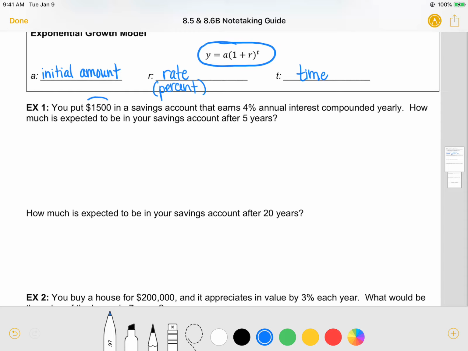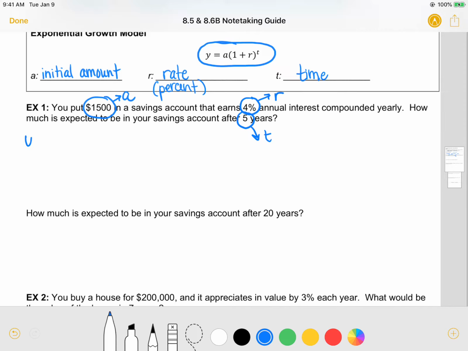So this is our initial amount. So this is A, okay? The 4% is our rate, R, and then we're going to have that money in a savings account. We want to know how much we'll have after 5 years. So 5 is going to be T, okay?